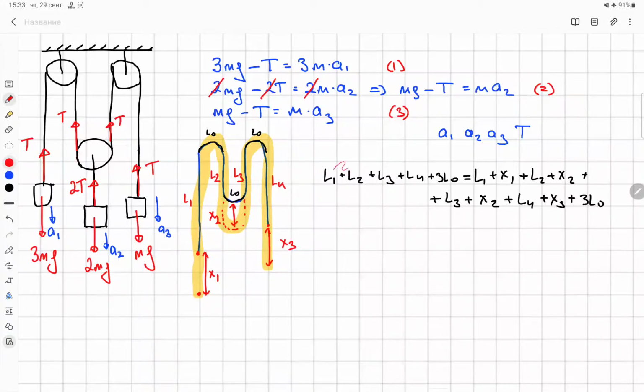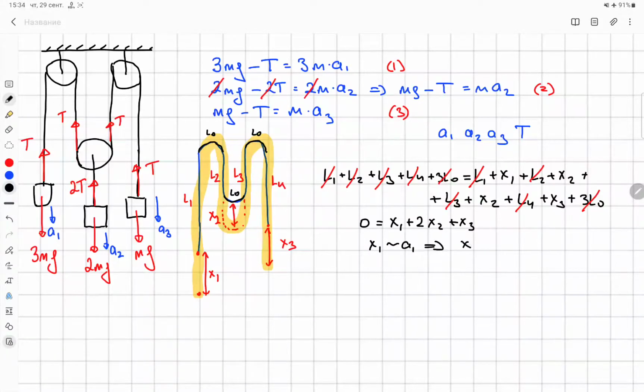So from this last equation we can cancel all these initial lengths, 3 L0. Basically we have 0 at the left side, and at the right side x1 plus 2x2 plus x3. And we know that x1 is proportional to a1.